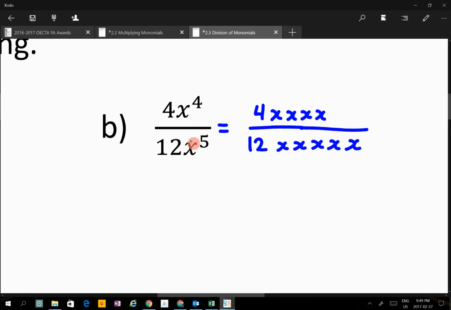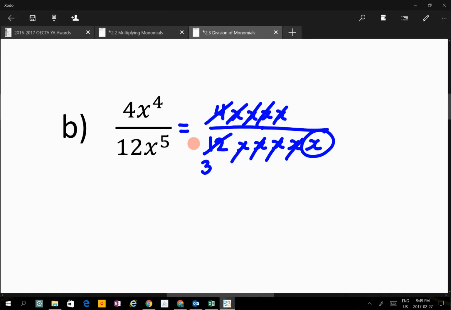I sure can. If I reduce the top and bottom by 4, then this becomes a 3 on the bottom. The x cancels with x, one from the top and one from the bottom, four times. And I'm left with just a single x. So my end result here would be 1 over 3x. When I cancel this, it becomes a 1.